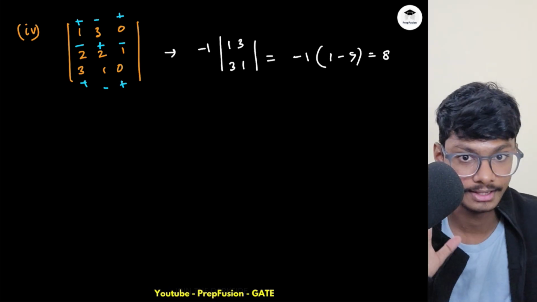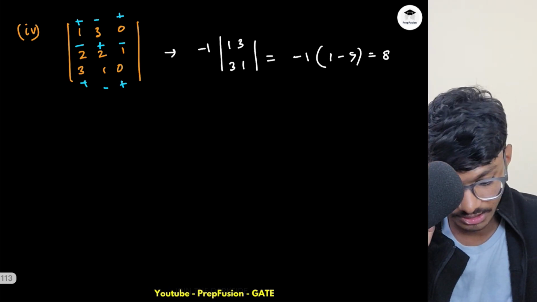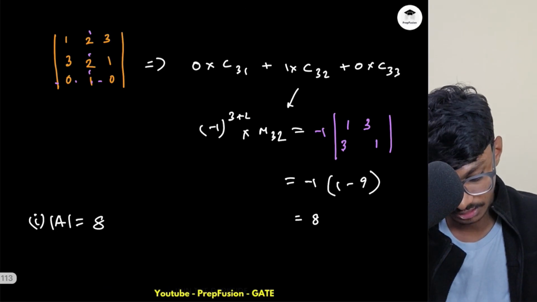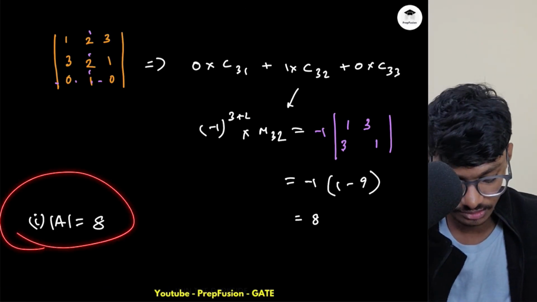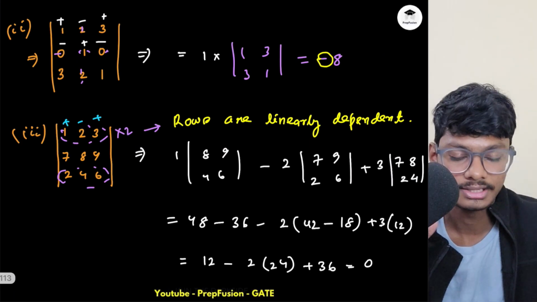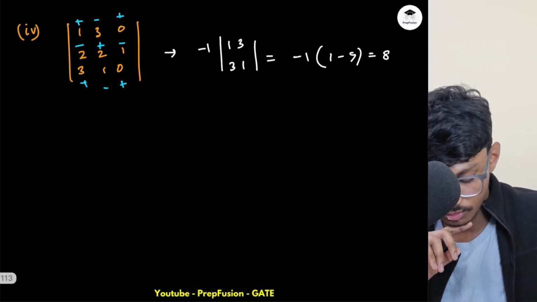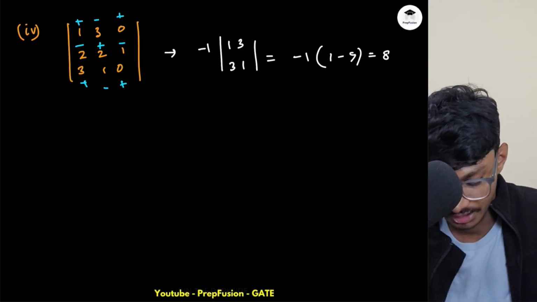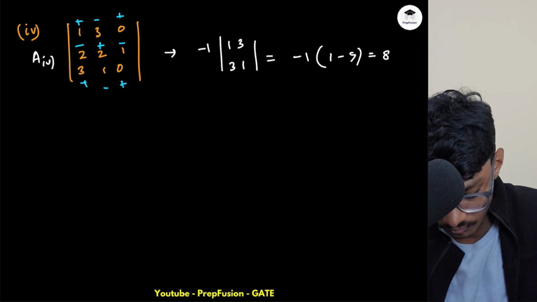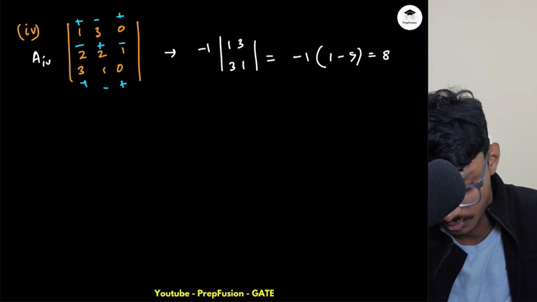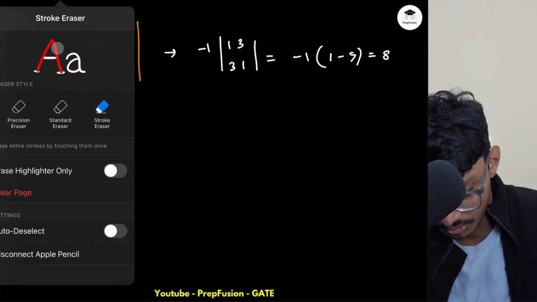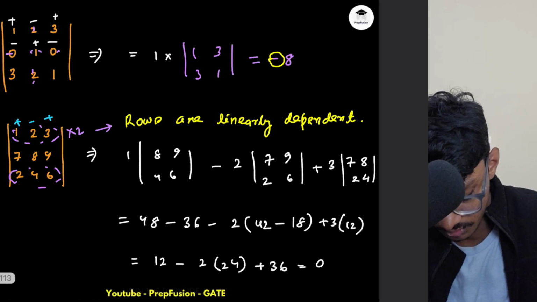So if you are getting again 8, what does that mean? That means like the previous case, in the first case we got 8. Is there some similarity with this? Let me name these things, else we'll get confused.